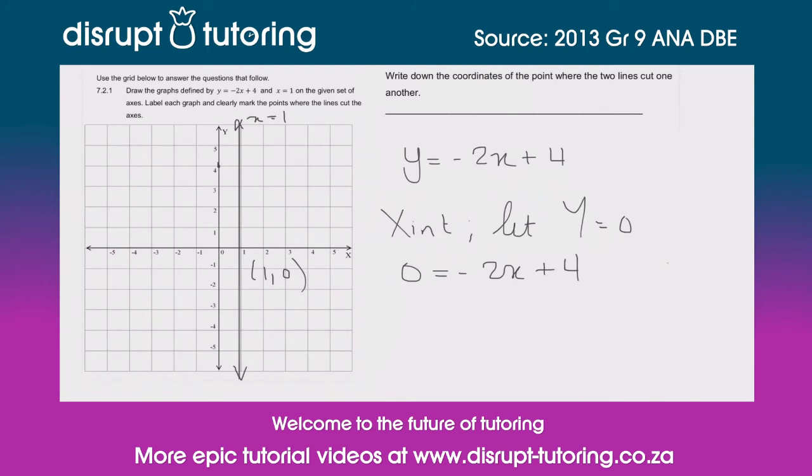Now we need to take that 4 to the left-hand side, which becomes minus 4 equals minus 2x. We divide both sides by minus 2, and we are left with minus 4 divided by minus 2 is 2 equals x. So that means our x-intercept is at the point 2, 0. So 2, 0, our point is over there. Very nice, nice and easy.